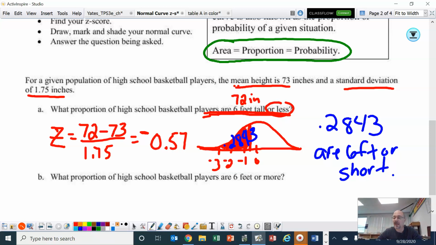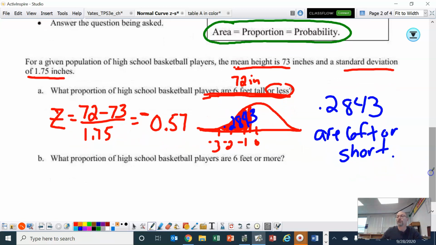So out of all the basketball players, if we change that to a percent, that'd be roughly 28%. Roughly 28% of the basketball players are 6 feet or shorter.